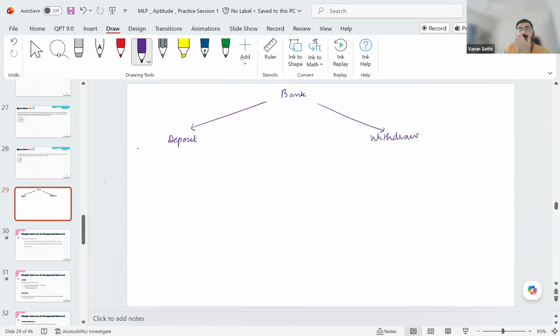If you're depositing money, the bank promises to give you some interest on it. If you are withdrawing money, that is the bank's money, so the bank is going to charge interest from you. This is basically a loan, right? So the interest will be paid by the customer.